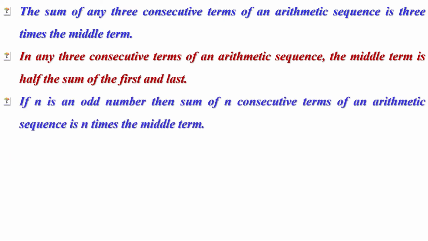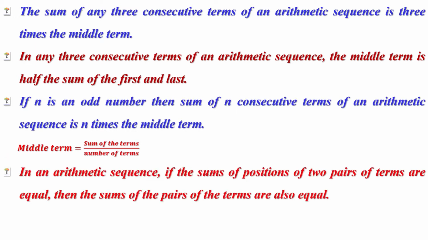We also saw if n is an odd number, then the sum of n consecutive terms is n times the middle term, or the middle term equals the sum of the terms divided by the number of terms. And lastly, we saw in an arithmetic sequence, if the sums of positions of two pairs of terms are equal, then the sums of the pairs of terms are also equal.